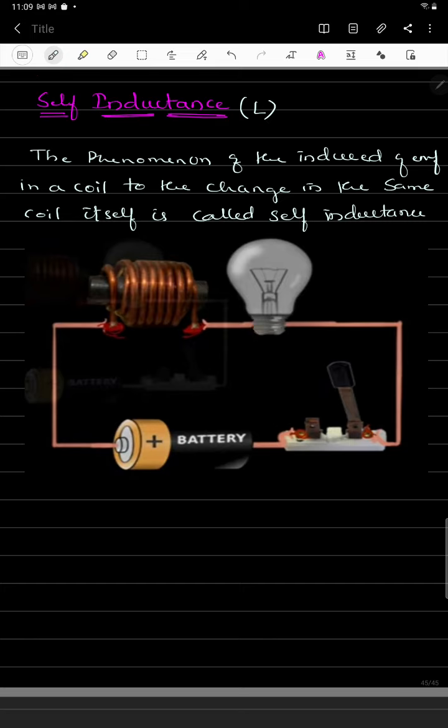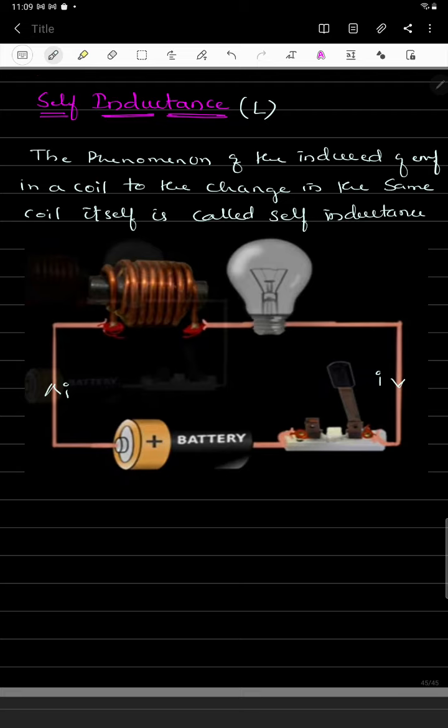If we connect all these in series and pass electrical current, when the key is closed, the current in the circuit rises from 0 to maximum.